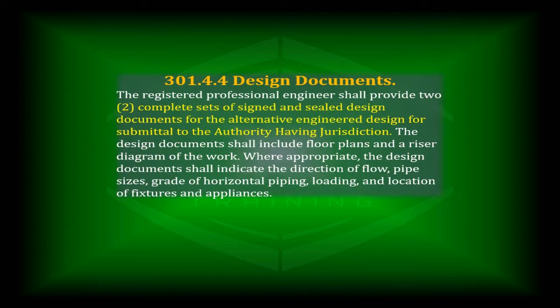The design documents shall include floor plans and a riser diagram of the work. Where appropriate, the design documents shall indicate the direction of flow, pipe sizes, grade of horizontal piping, loading, and location of fixtures and appliances.